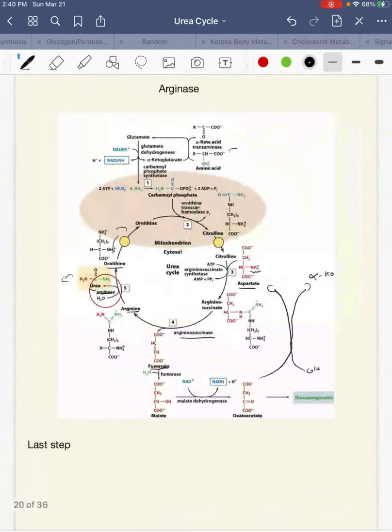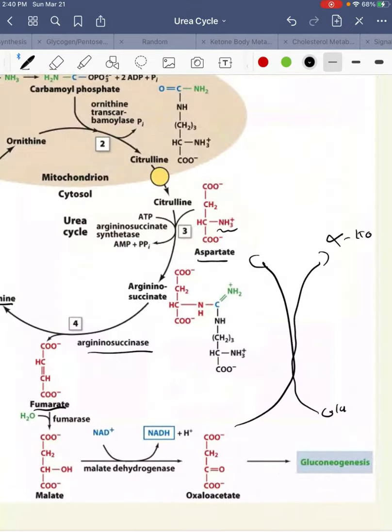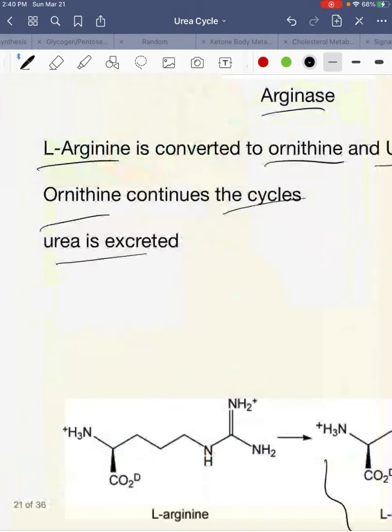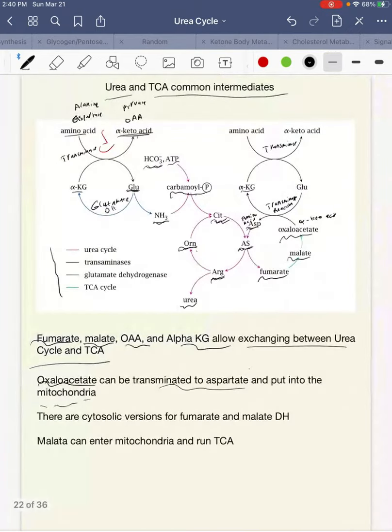It can be converted to aspartate, which can go through the urea cycle, or it can be converted to aspartate and then run through the malate-aspartate shuttle. So this would be your malate-aspartate shuttle when it says put into the mitochondria. It runs through that and then enters the mitochondria to supply NAD for glycolysis to run in the cytosol.